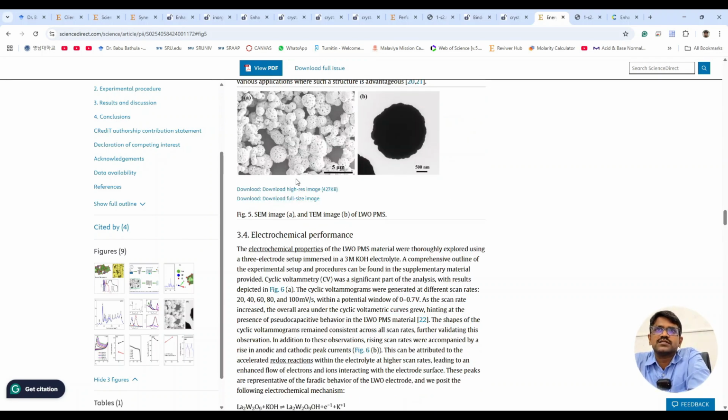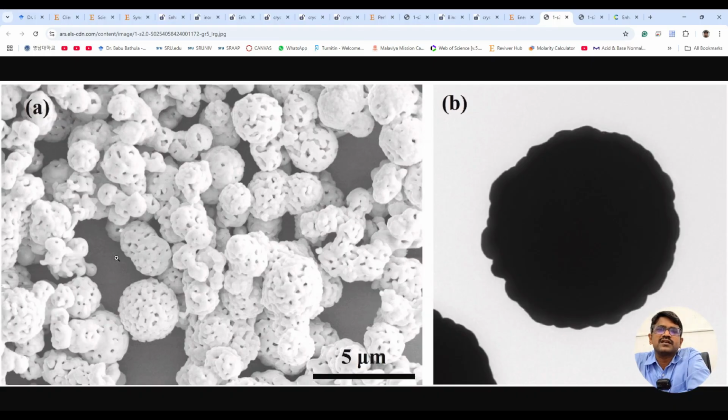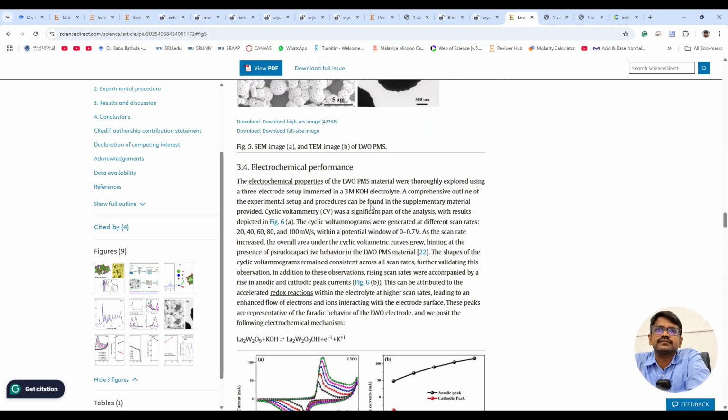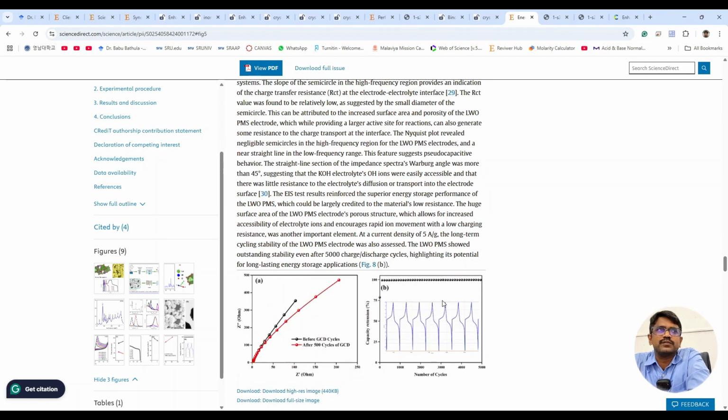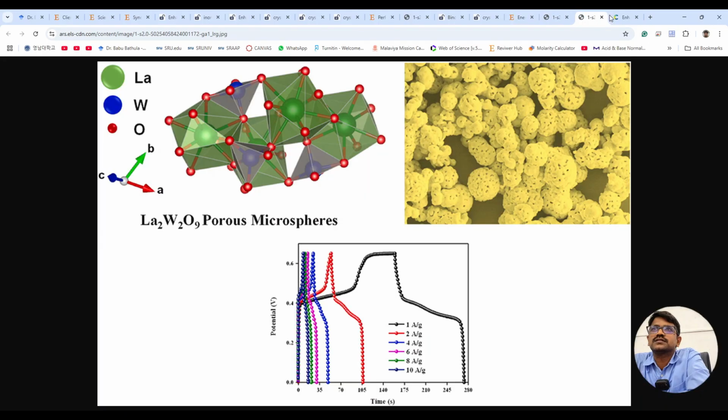This is the microspheres picture with nice porosity. This is the cycle stability, and this is the EIS diagram, EIS analysis.